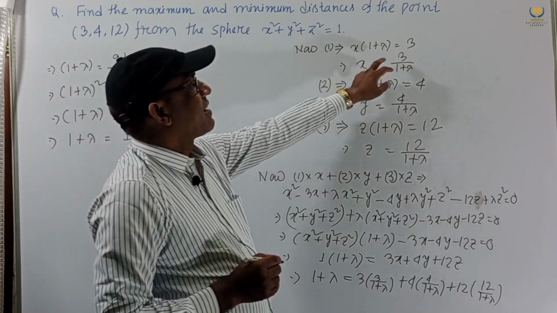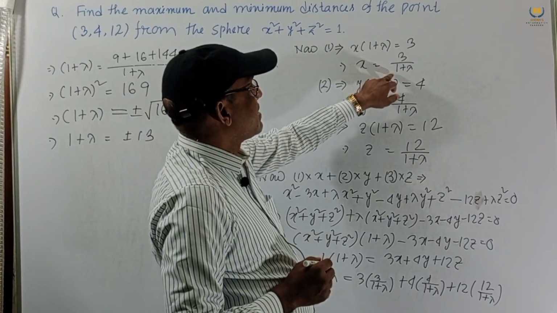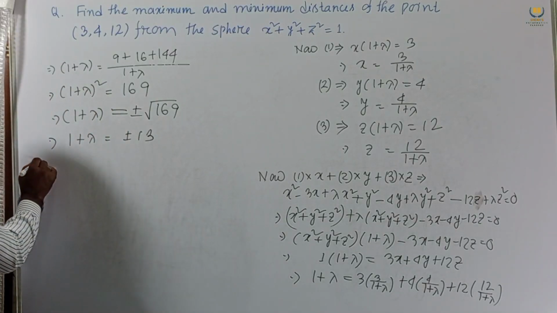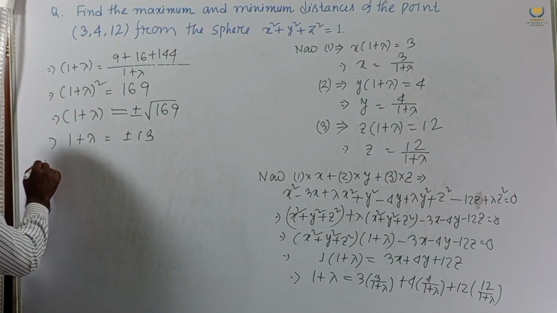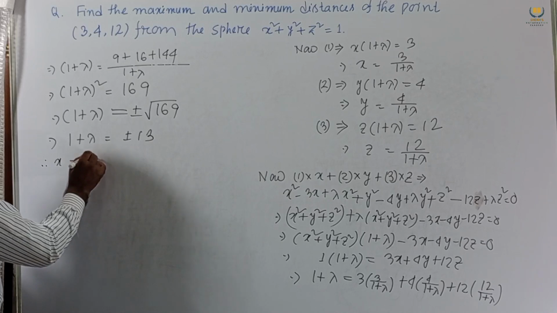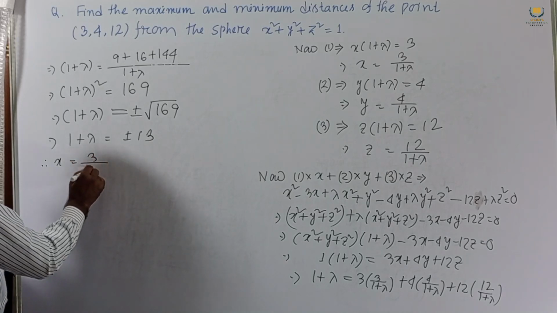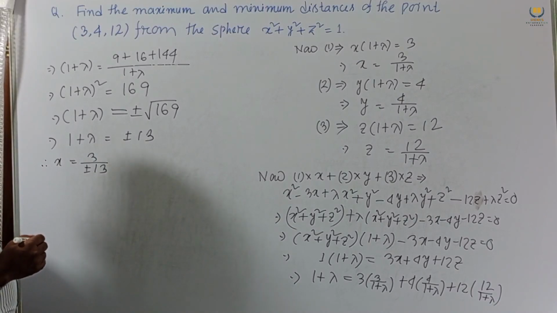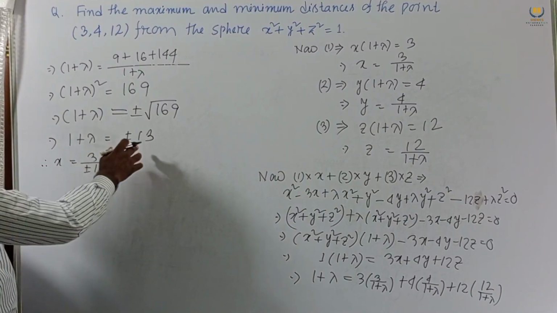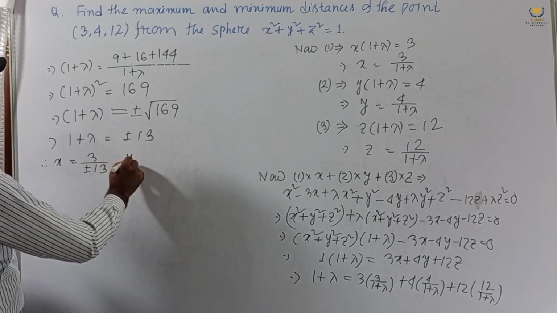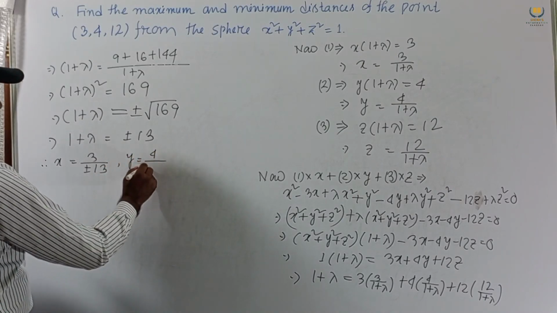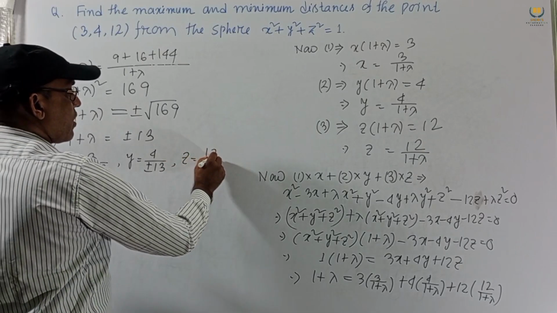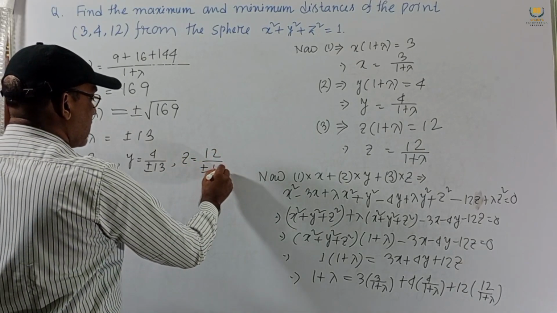Putting here x is this, y this, and z this. Therefore x equal to 3 by plus minus 13, y equal to 4 by plus minus 13, and z equal to 12 by plus minus 13.